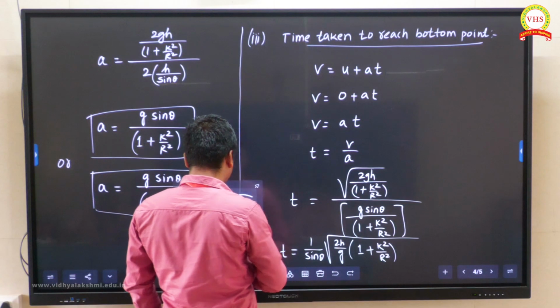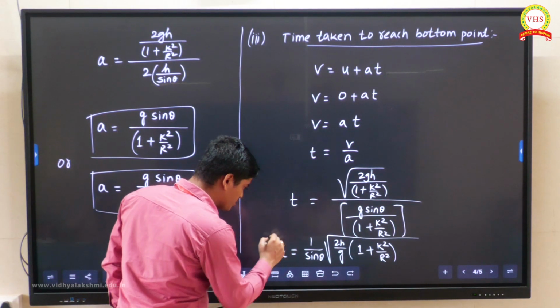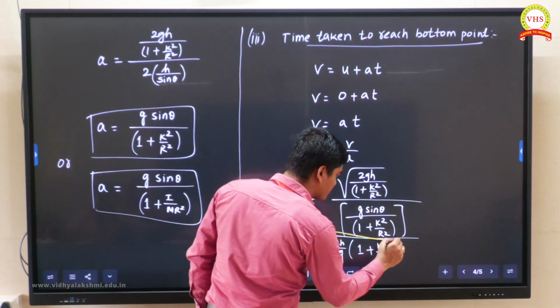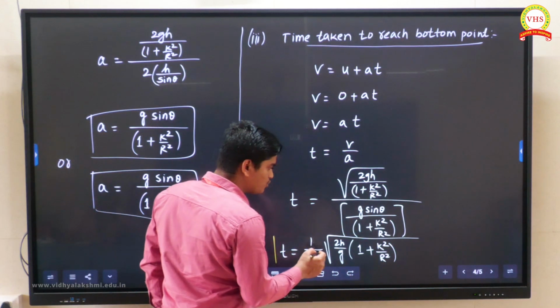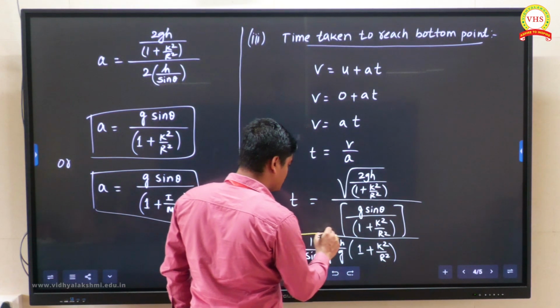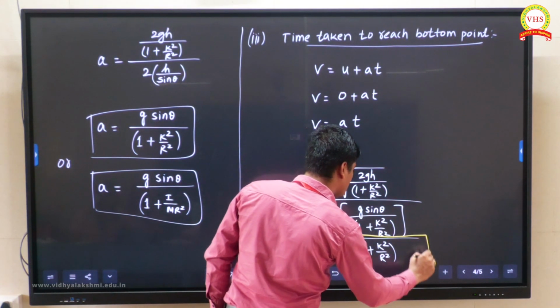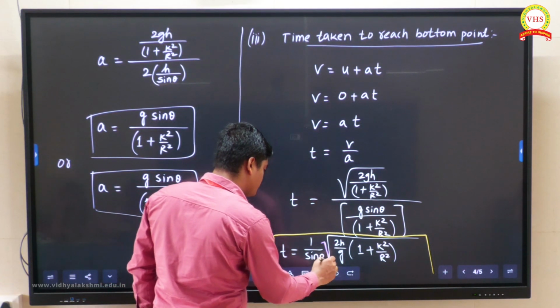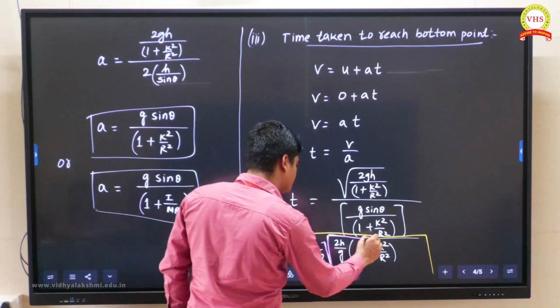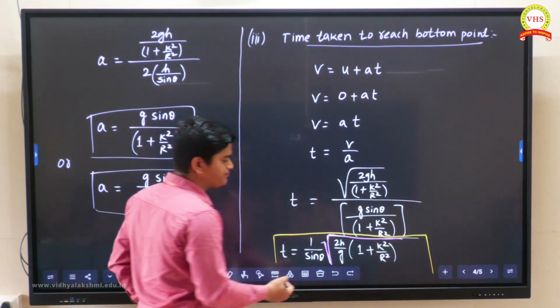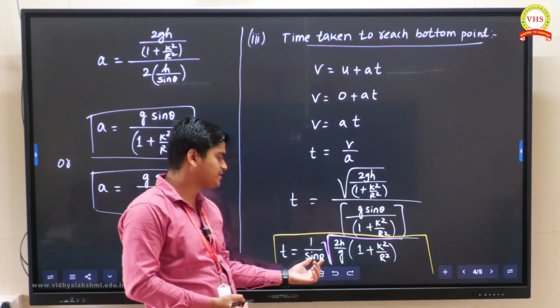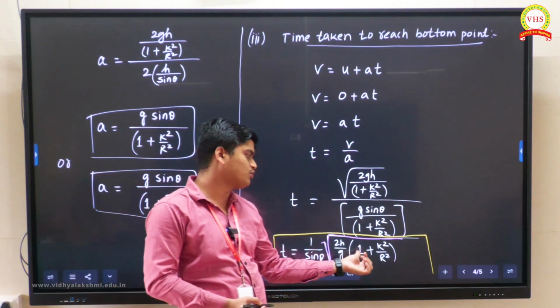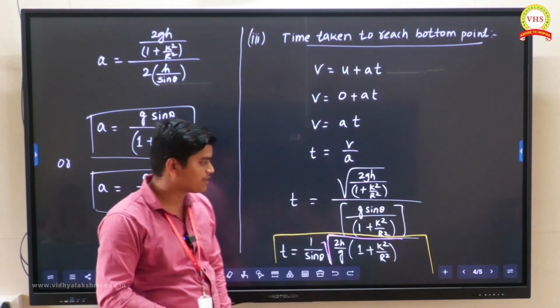Now this is your time taken by the rolling object to reach the bottom point. So root is there, don't forget, root under is there here. So t equal to 1 by sin theta root under 2h by g times 1 plus k square by r square.